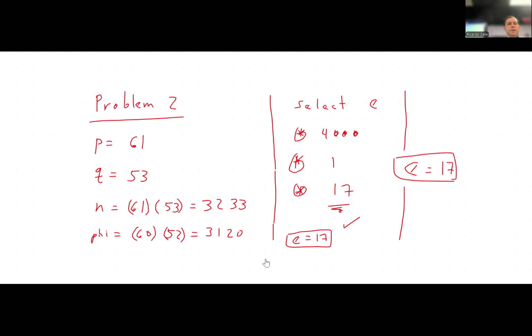All right, and then final step, we want to select D. We know we have D times E mod phi.